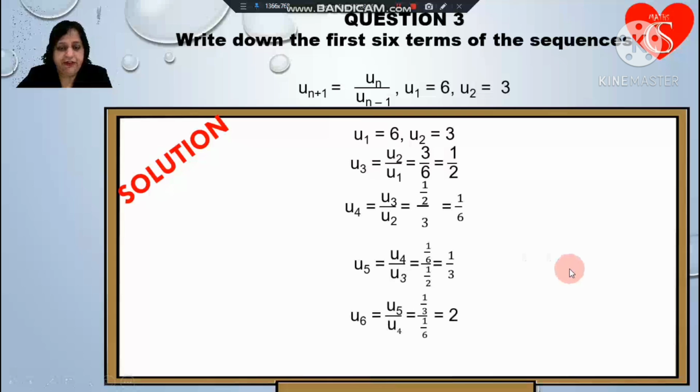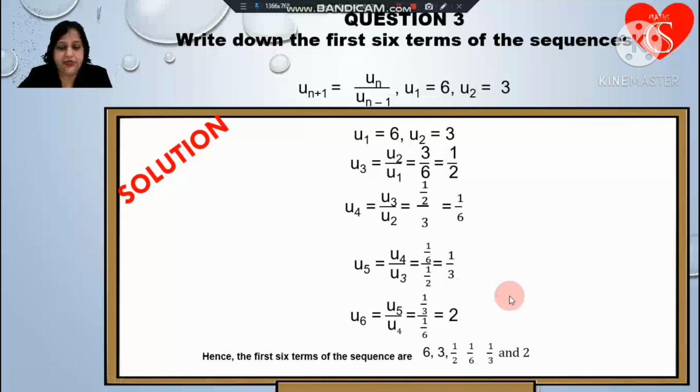For the fifth and the sixth term, we follow the same pattern, and therefore we obtain the first 6 terms of the sequence as 6, 3, 1/2, 1/6, 1/3 and 2. Just make sure to observe the pattern being used here, the method to obtain your answers.